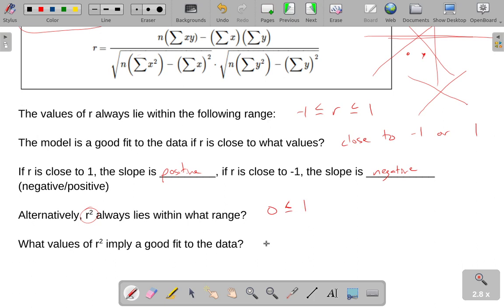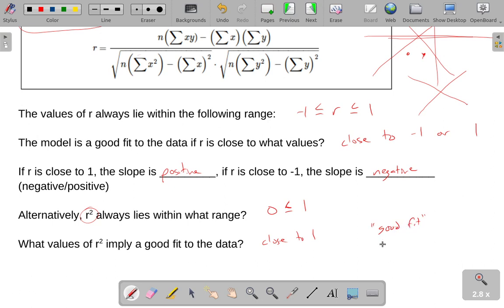And in this case, what values of r squared imply a good fit of the data? This would be just if they're close to 1. What you need for a good fit is highly dependent on how accurate you need to be.